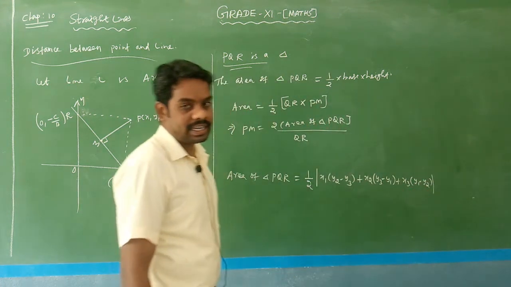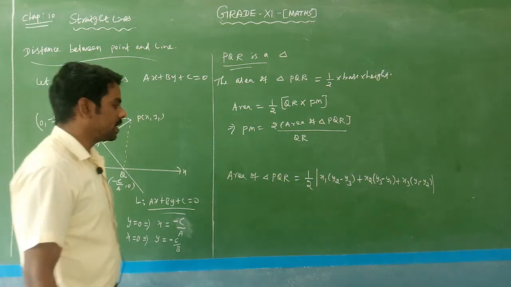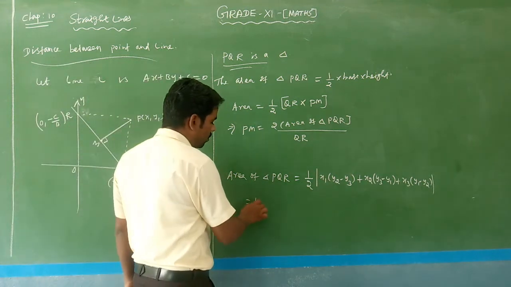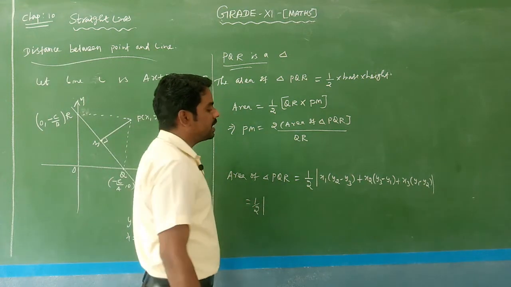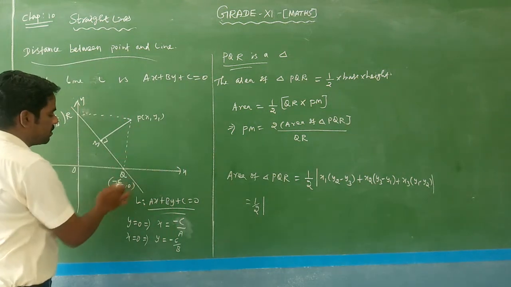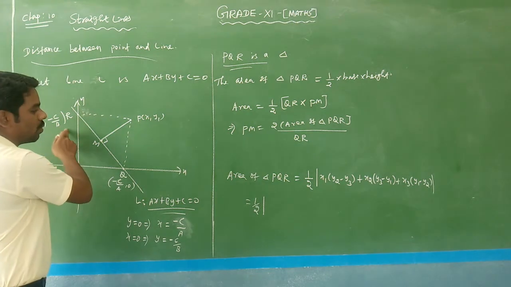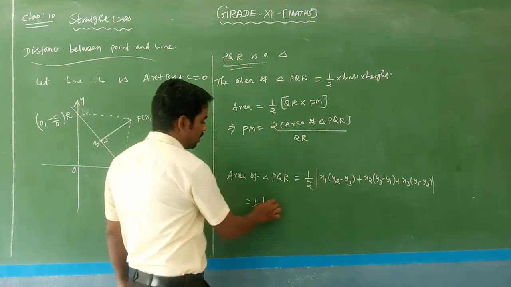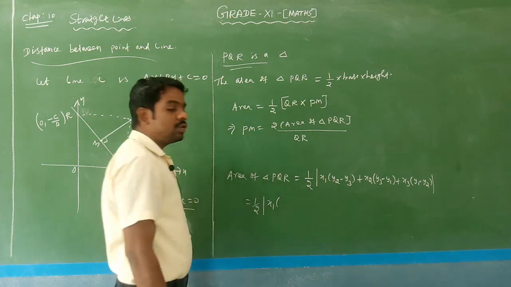We already studied this formula in 10th standard coordinate geometry. So 1 by 2 of x1 into y2 minus y3. Here this is x1 y1, this is x2 y2, this is x3 y3.